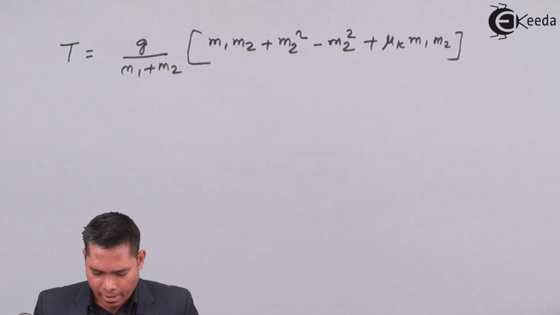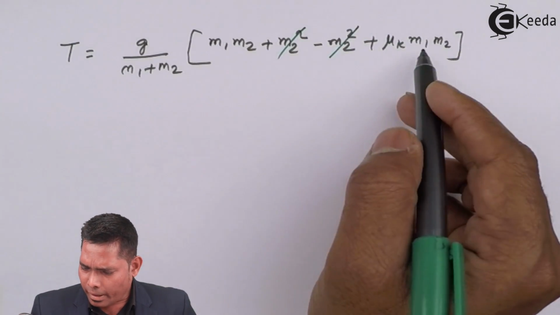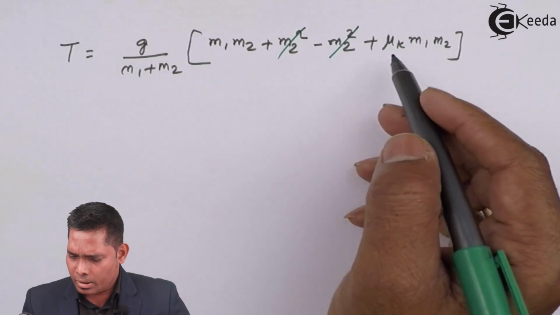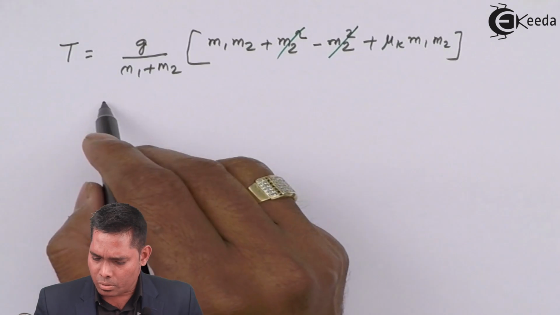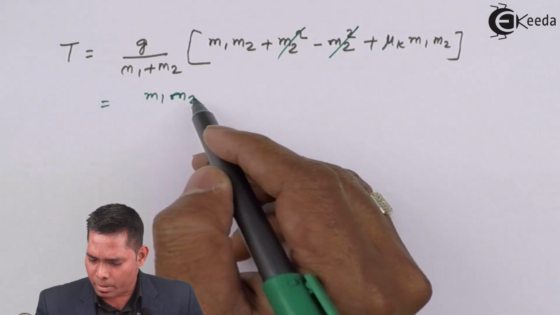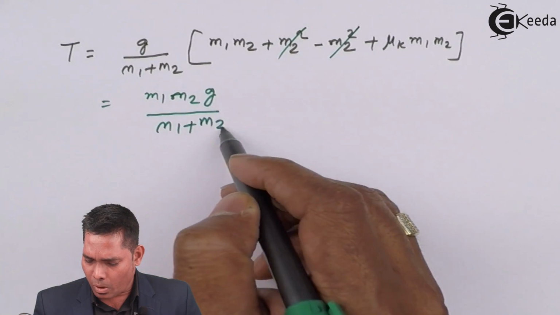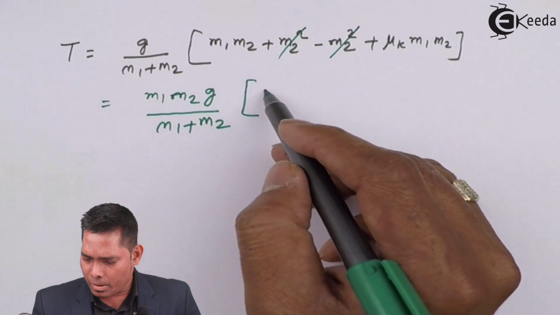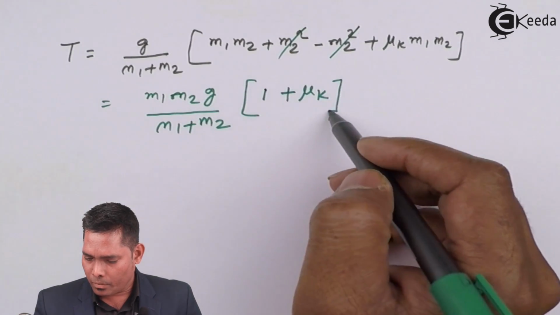So from here this will cancel out, and from here I can take m1 m2 also common from these two terms. So m1 m2 being common out, and g is also there, m1 plus m2 down, inside we'll have 1 plus mu k.